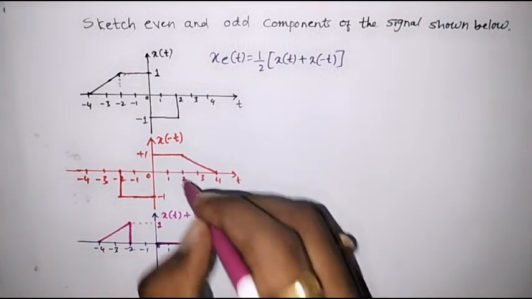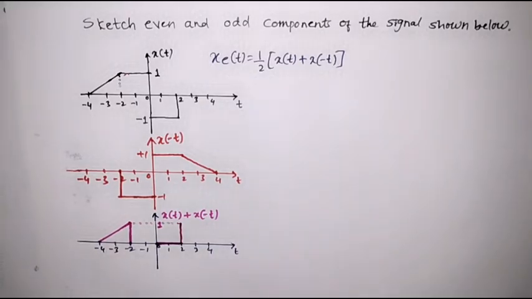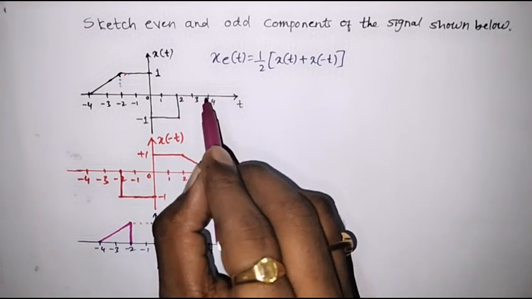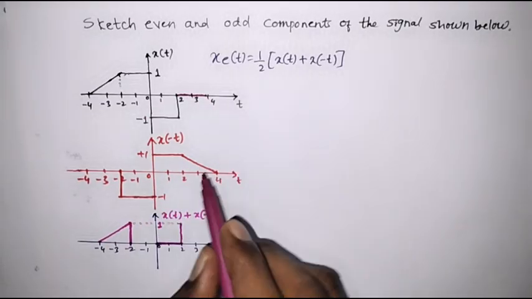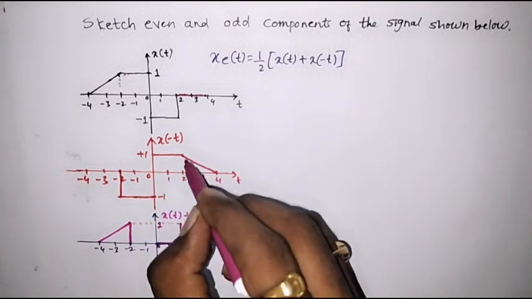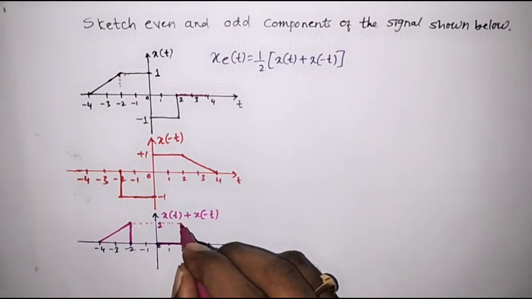When we add 0 with 1, the amplitude will be 1. So at t equal to 2 we'll get the magnitude as 1. Now from 2 to 4 the amplitude here is 0, but there exists a ramp signal in the other, so when we add 0 with this signal we'll get the same ramp signal. I'll draw it here.